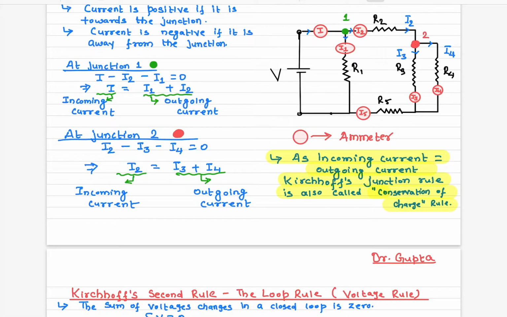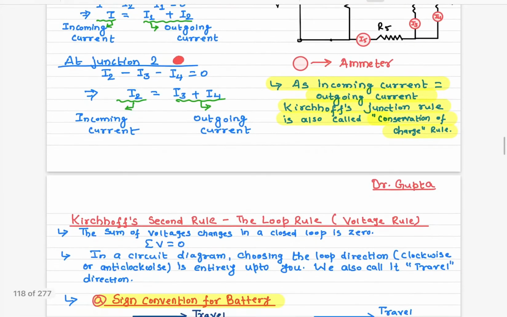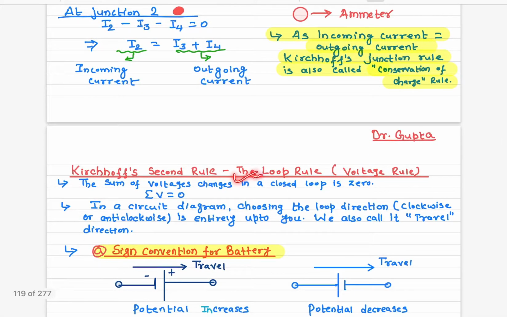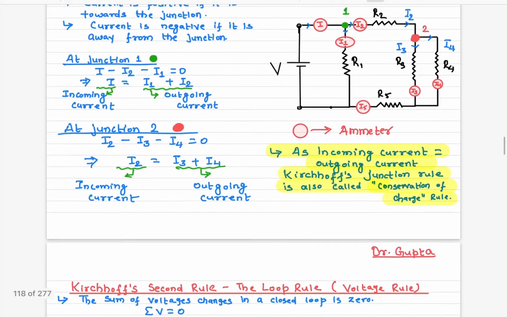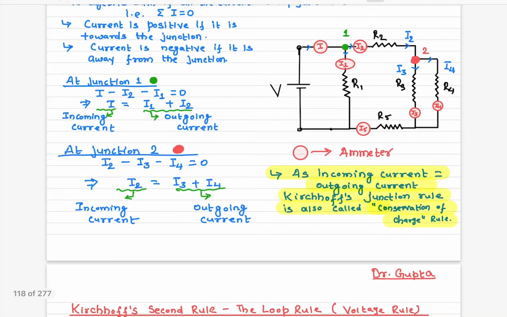Now let's talk about Kirchhoff's second rule, which we also call the voltage rule or the loop rule. And this is the most important of it. What does it say? If you look at any closed loop, for example here, so this is one closed loop, the total voltage in this closed loop has to be equal to 0.